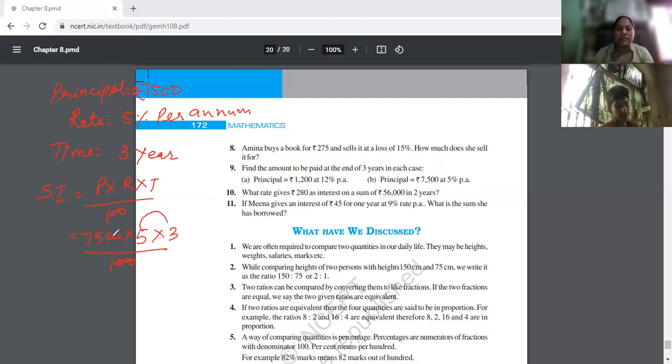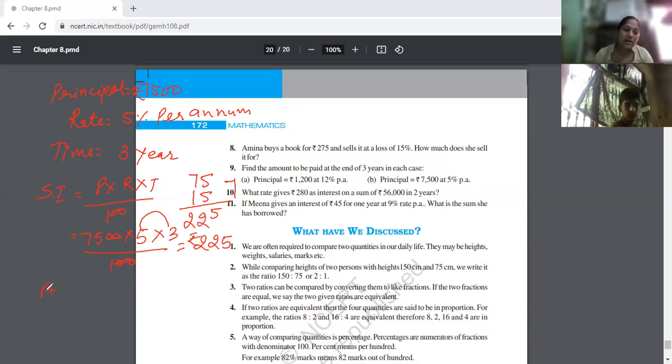Cancel. 5 threes are 15. Multiply 75 by 15. It is 225. Rupees 225 is the interest.